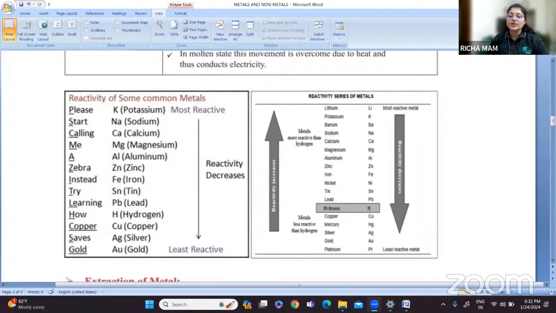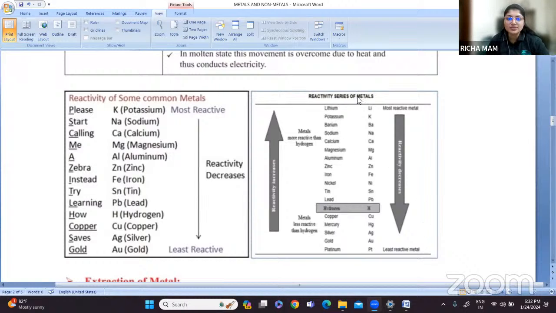After performing some displacement experiments, this series has been developed. These are called the reactivity or activity series.